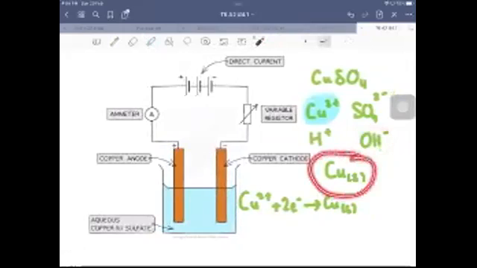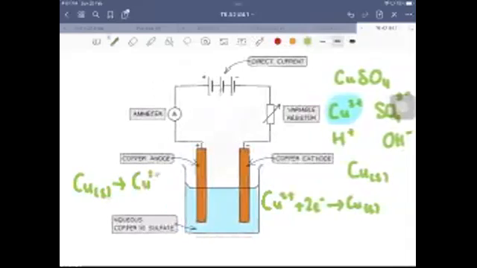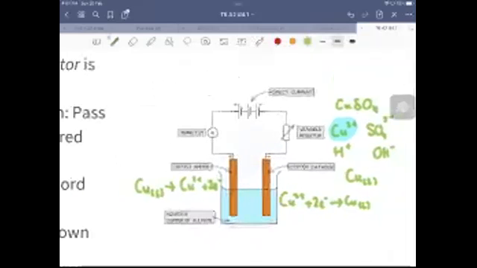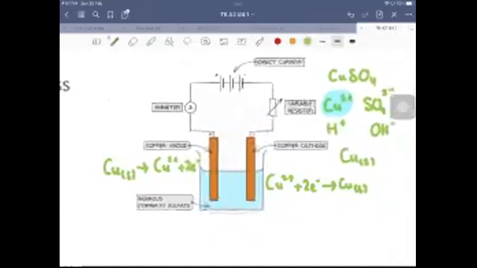But in this case, because copper is a reactive electrode, it will get oxidized. So copper solid will get oxidized into Cu2+ and 2 electrons. Okay, so these are not new equations for you. These are reactions that you know already.